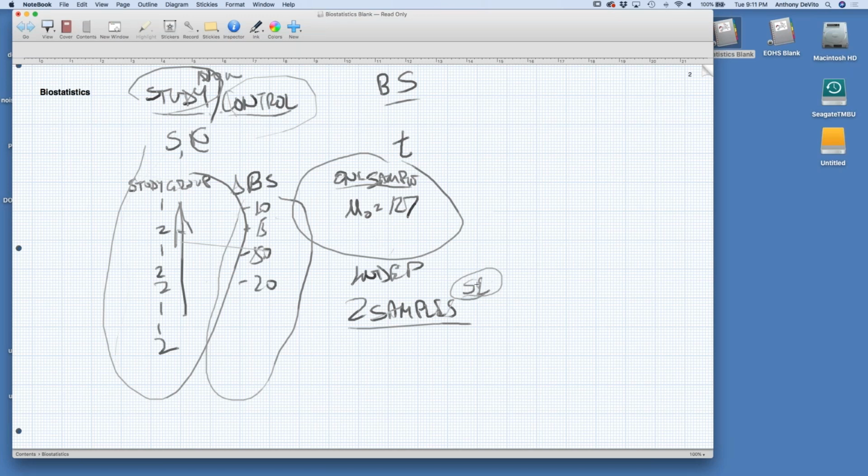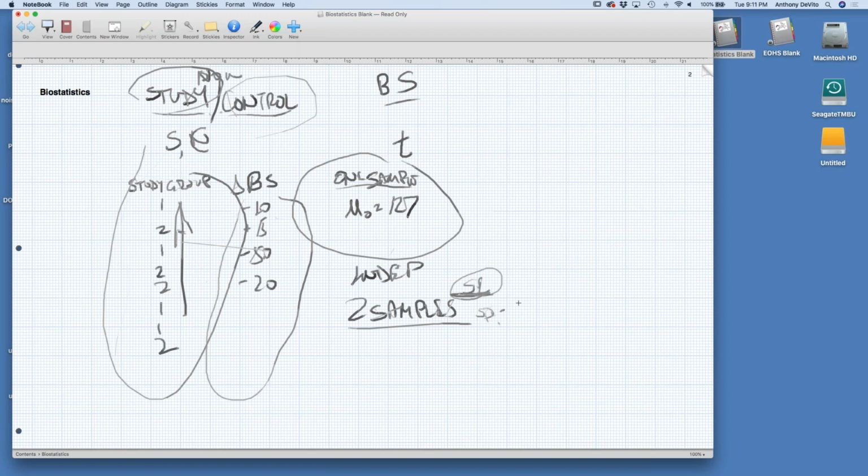Okay, in some cases, we have two samples, and in order to calculate a standard error, we need to know the standard deviation of these two groups. Well, the standard deviation of one group, the study group, might be different than the standard deviation of the control group, the other group.